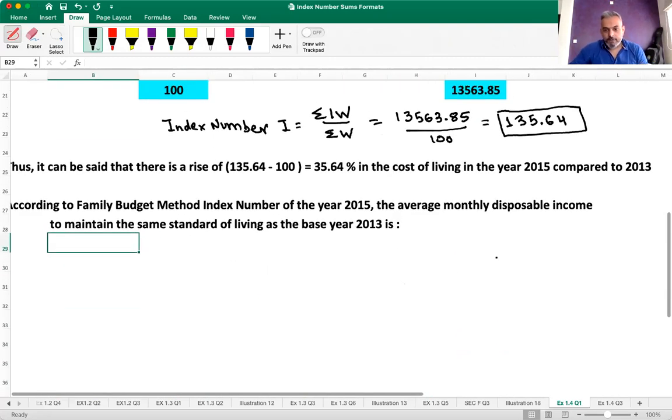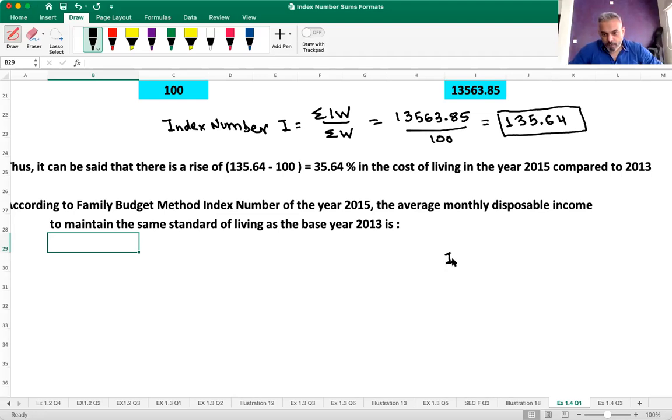Now, I'll use a different method of making you understand this concept. So, when index was 100, my income was rupees 15,000. Now when index became 135.64, what should become my income?